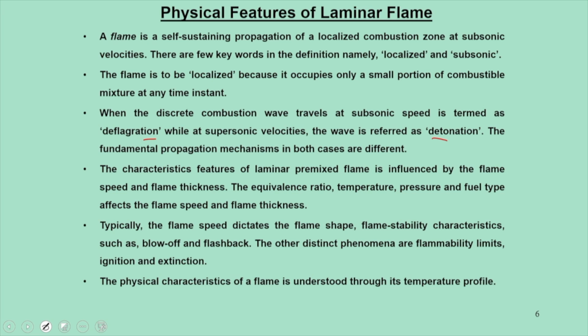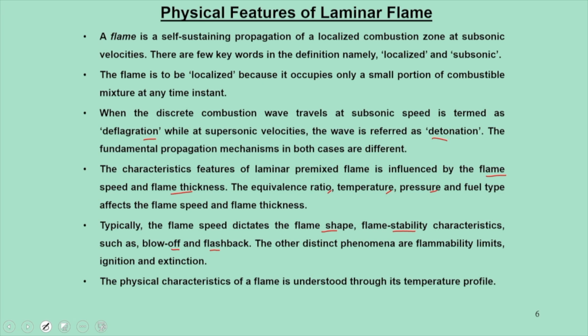Other characteristics that are also required are flame speed and thickness. This flame speed and thickness is controlled through the equivalence ratio, temperature and pressure, and of course the fuel type. This flame speed also dictates the flame shape and stability, such as blow off or flashback.